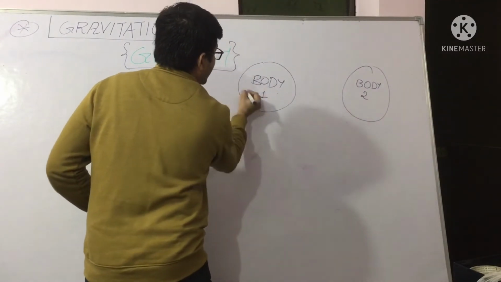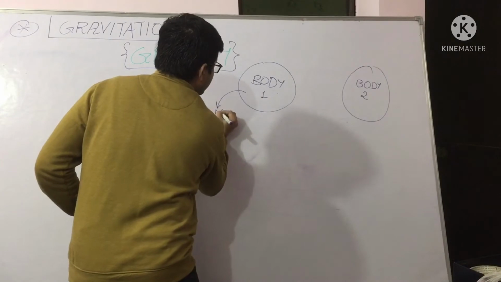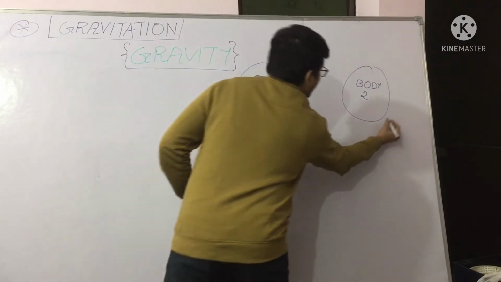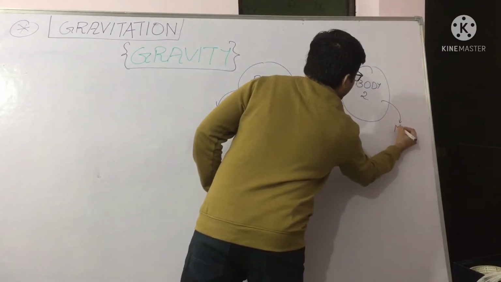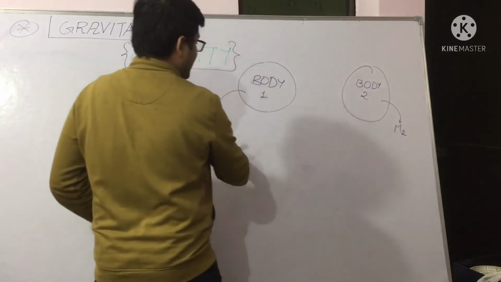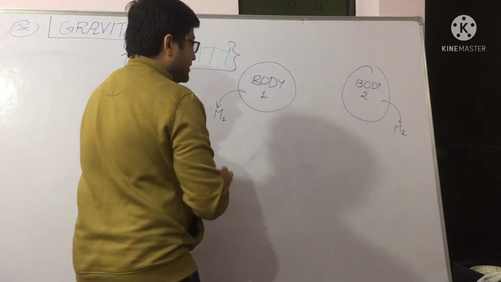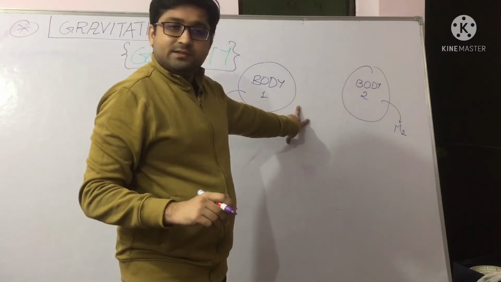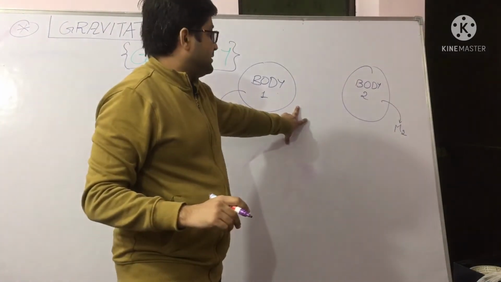Body 1 and body 2, and the mass of this body is, suppose, capital M1, and the mass of this body is capital M2. M1 and M2 are the masses of the bodies. It's simple, I think it is understandable.